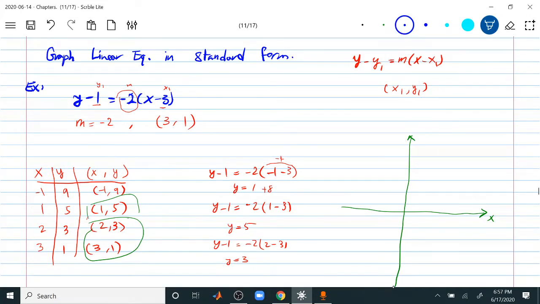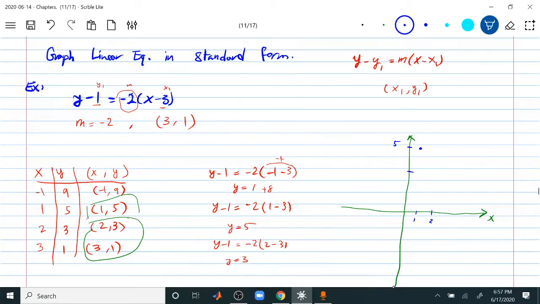So here, 1, 5, somewhere here. The point 2, 3, somewhere here. And 3 and 1. Let me rescale this back down a bit.